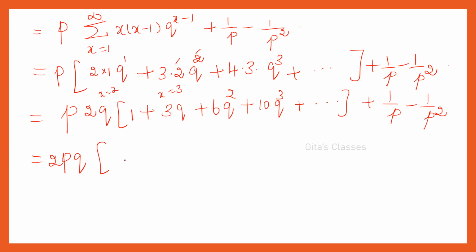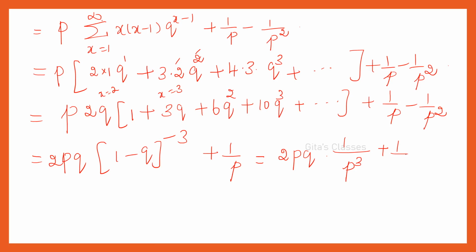So this will be 2pq into 1 minus q the whole power minus 3. This is the expansion, using binomial expansion, 1 minus q the whole power minus 3, plus 1 by p. Right. So this is 2pq into 1 by 1 minus q, which is nothing but p, so I am writing it as pq, plus 1 by p minus 1 by p squared.